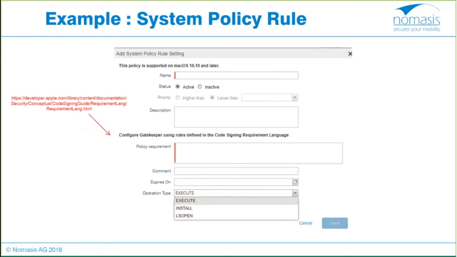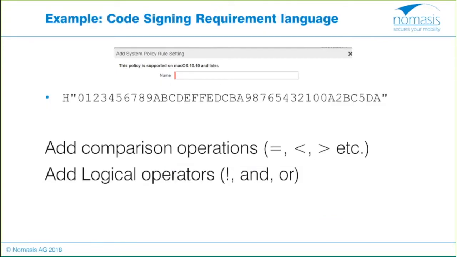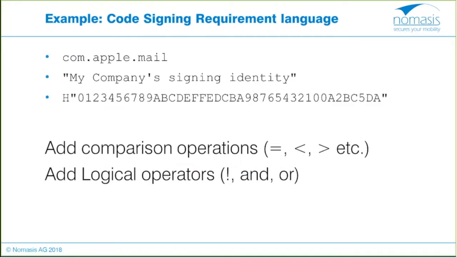And thanks to that language, you should be able to define some restrictions for the applications and say, okay, this application is allowed to be executed, or can be installed, and so on and so forth. Quick example of the code signing requirement language. You could use a bundle ID, like com.apple.mail, which is the mail client of macOS.